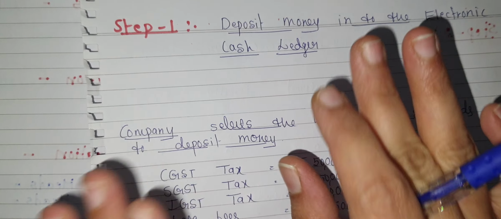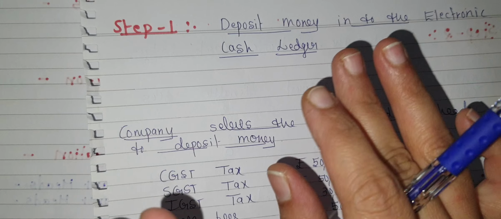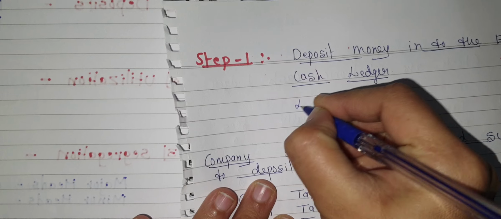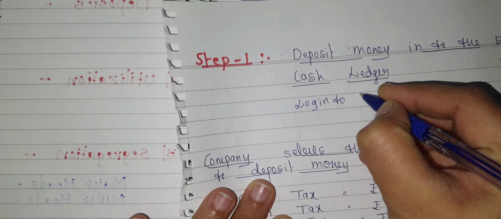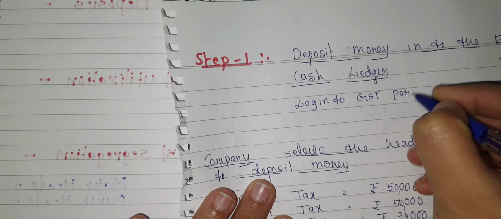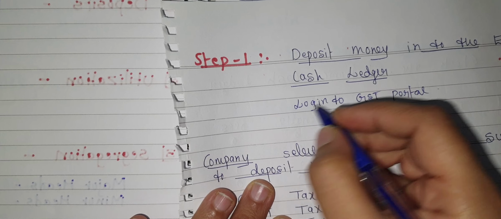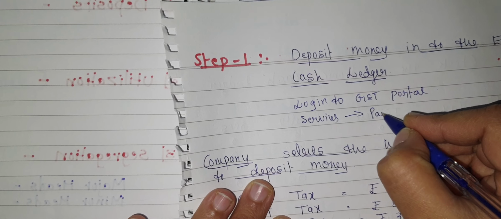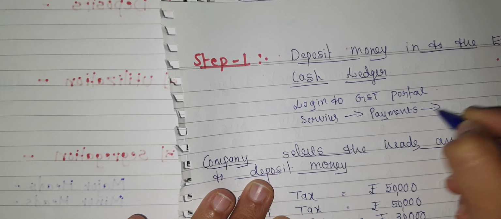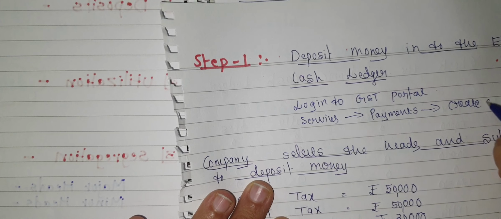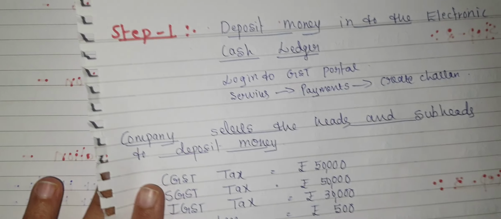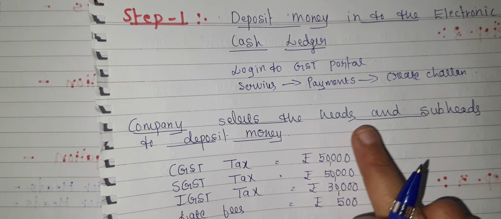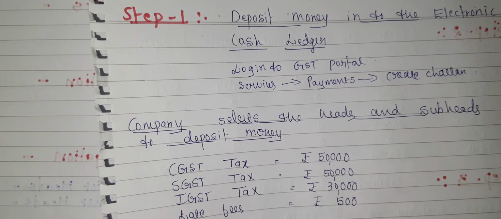Before depositing money, ABC Private Limited should log into the GST portal and navigate to services, payment, and create challan.